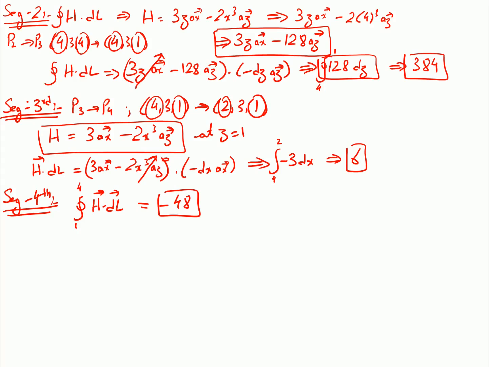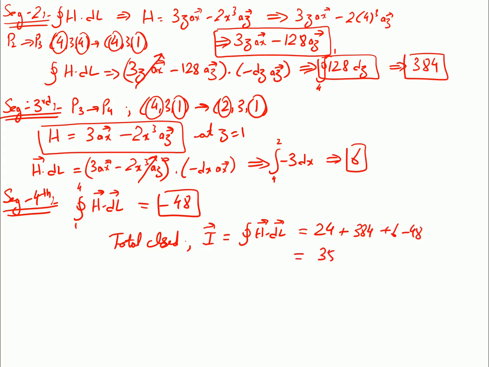Once we have this, the total current in this scenario that corresponds to the integral H dot dL is, you add all these solutions and you get 24 plus 384, then plus 6 and minus 48, which comes out to be 354 amps.